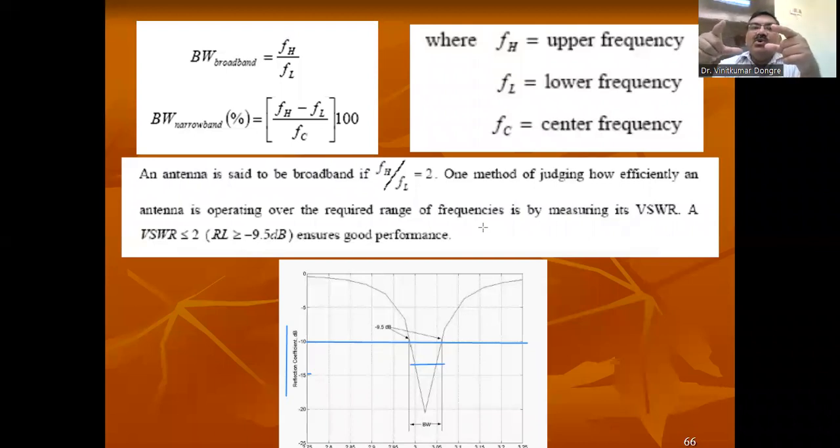Your antenna should receive and transmit. If it is a receiving antenna, it should receive that 867 and transmit that 867. It is a 2 megahertz band, 866 to 868, with 867 as the center frequency. Now, how will we ensure that it is operating at that frequency?